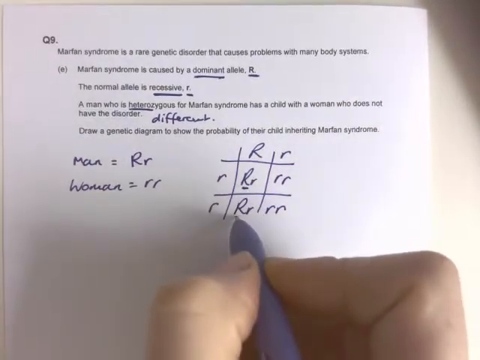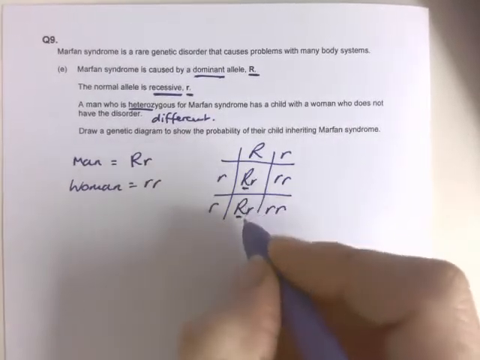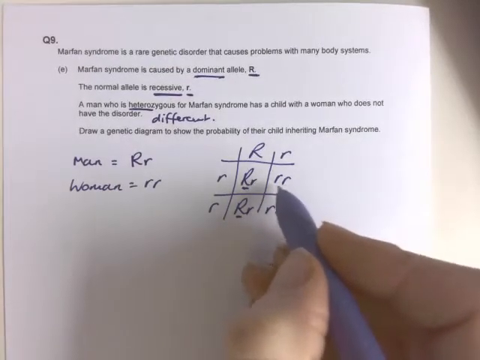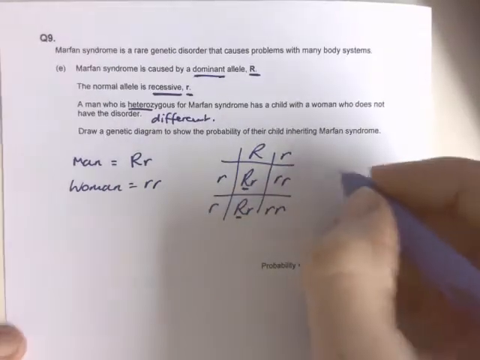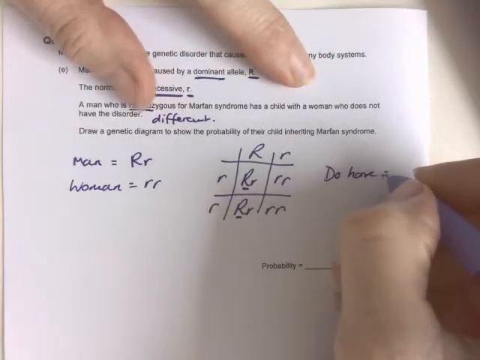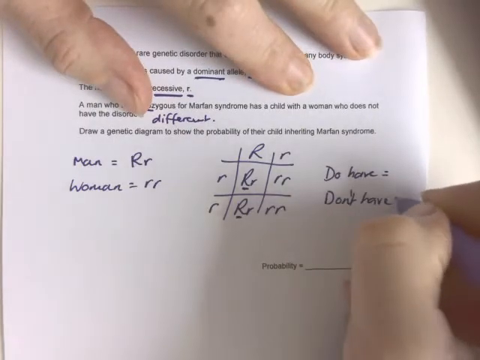So in this case, because there's a capital R there, both of those two would have the disease. They would have this syndrome. In this case, if they're both recessive, they don't have it. So I'm going to do this so that I can work out my probability.